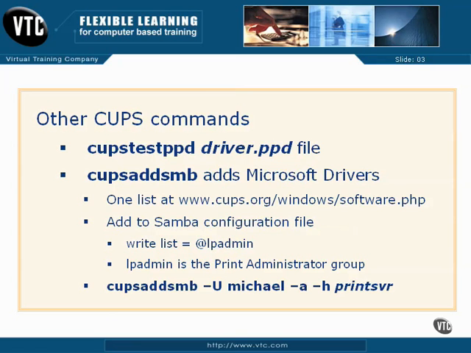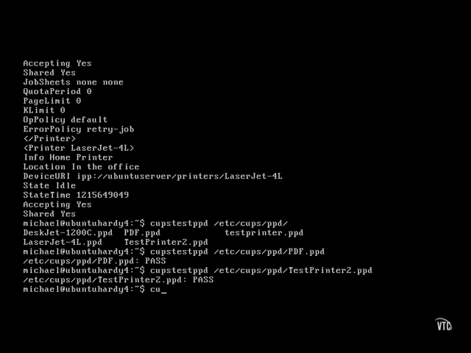To do so, you need to add the write list @ptl directive to the print driver stanza in the Samba configuration file. ptl, as I've described in other videos, is the group of users configured as print administrators. Once that's done, you can add those drivers with the cupsaddsmb command, specifying a user who is a member of the ptl group.